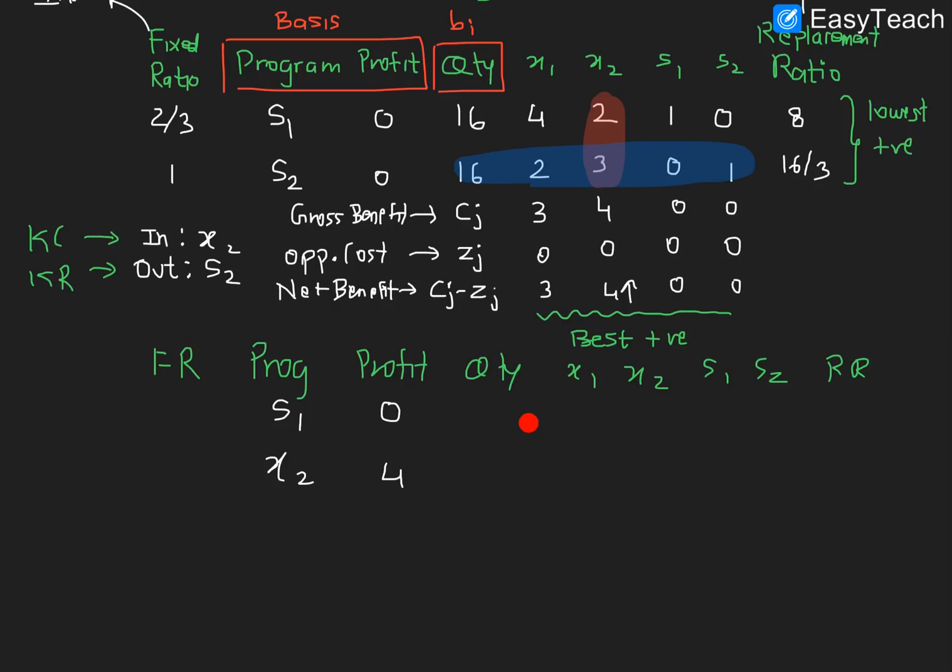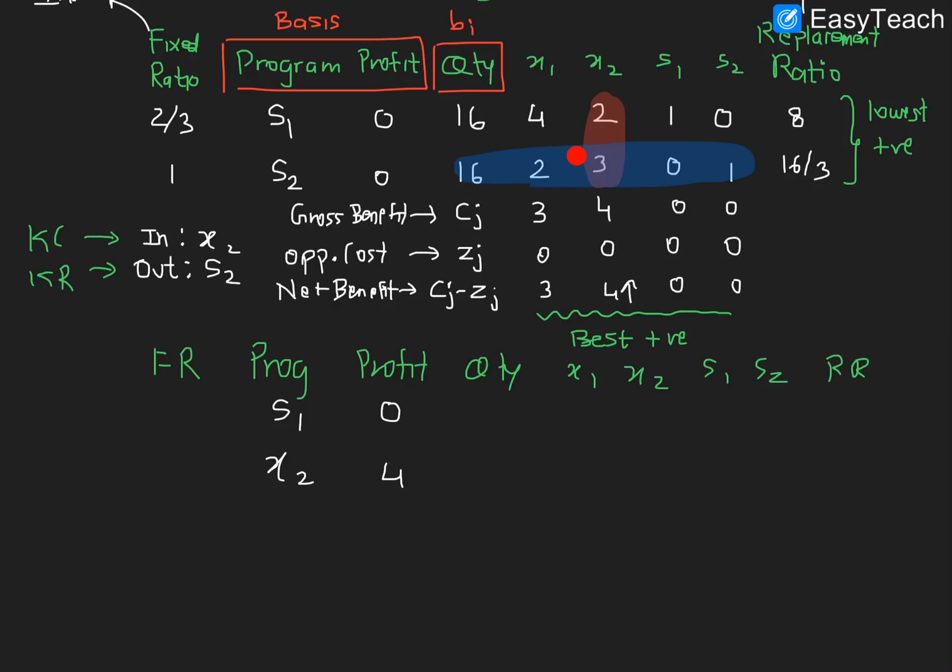Now coming to this part of the table, this particular row, which is the second row, in the previous table it was the key row. So whenever in the previous table that particular row is the key row, we can get these values easily by simply dividing each of these numbers by the intersection one.